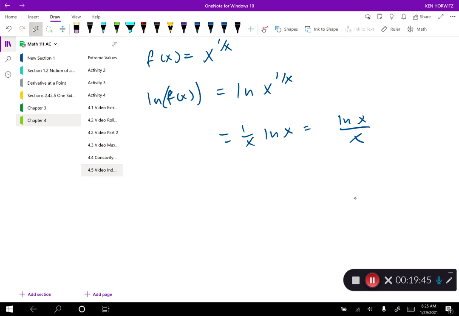So I can say we're just doing the limit as x approaches infinity of ln x over x. And if we plugged in infinity in both ends, I would get infinity over infinity, which is what we want, because now we can use L'Hopital's rule.